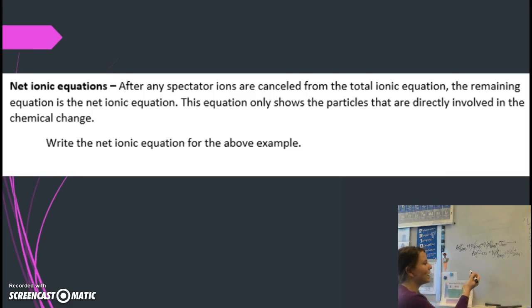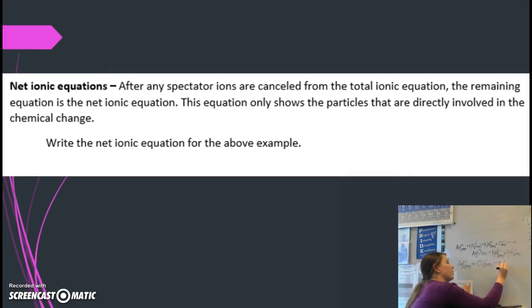So when we write the net ionic, we're just going to forget about those because they're just spectators, and we're going to write what's left. We forget about the spectators that we canceled out, these four here, and just write the remaining. This would be your net ionic equation. So this is the total ionic with spectators, and the net ionic once we've gotten rid of the spectators.